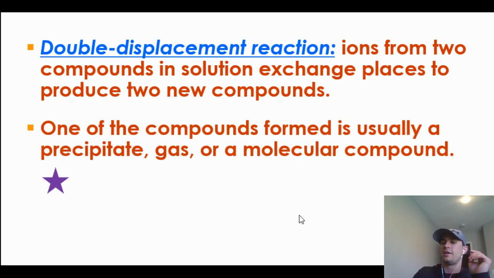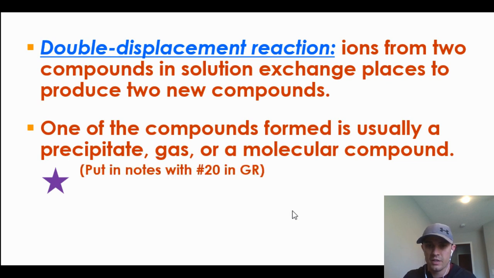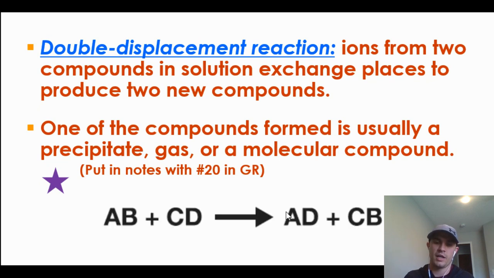The next one is a double displacement reaction. So now, again, we're not just breaking up or forming relationships. We get a little crazier. Now we had two couples go to the dance, and they left with different partners. So we had A and B, and then we had C and D. But as the dance went on, maybe D and A started dancing, C and B started dancing.